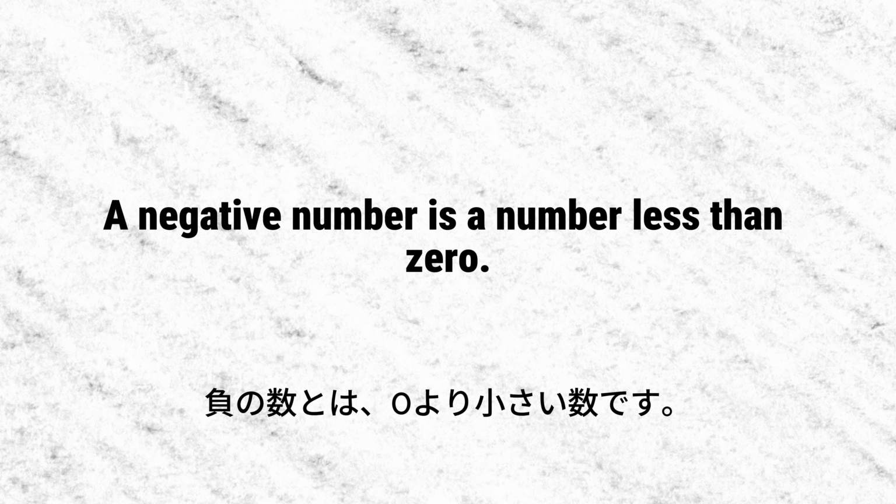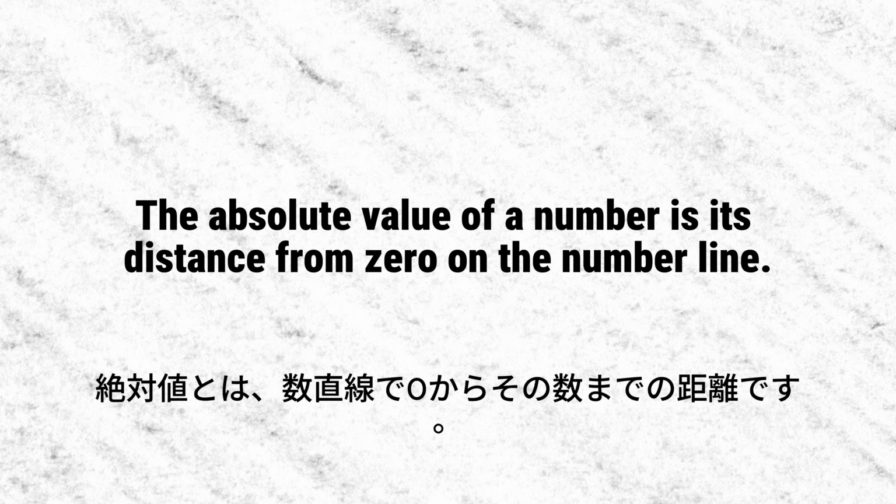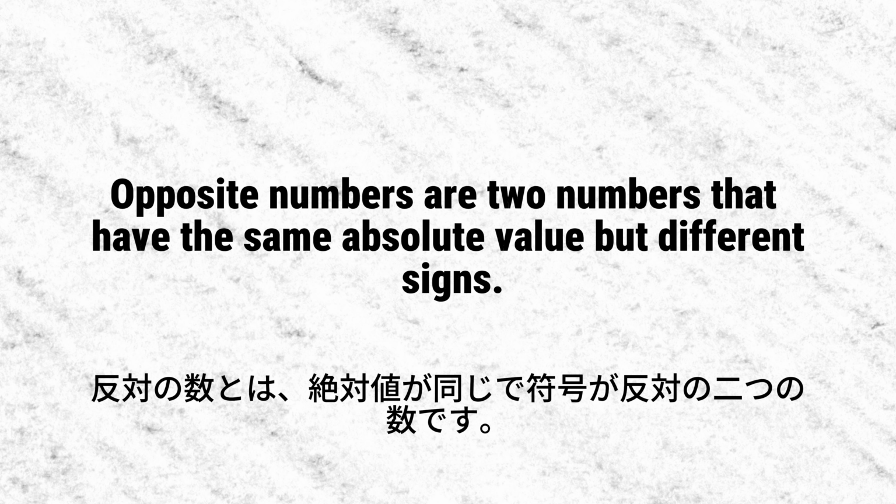A negative number is a number less than 0. The absolute value of a number is its distance from 0 on the number line. Opposite numbers are two numbers that have the same absolute value but different signs.